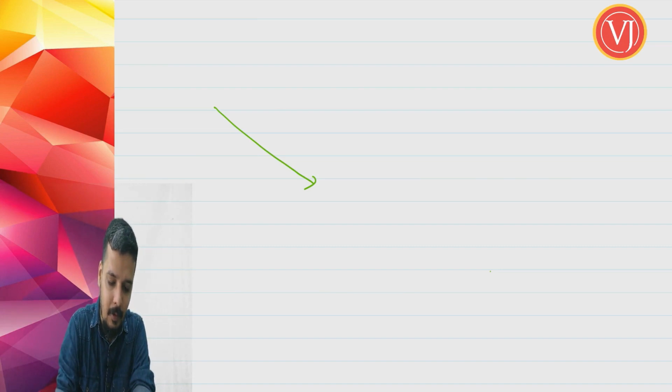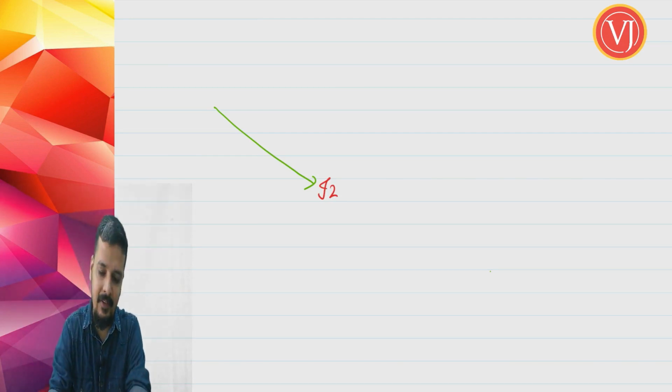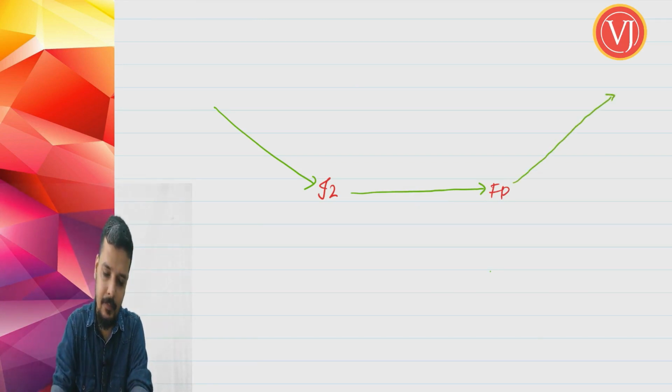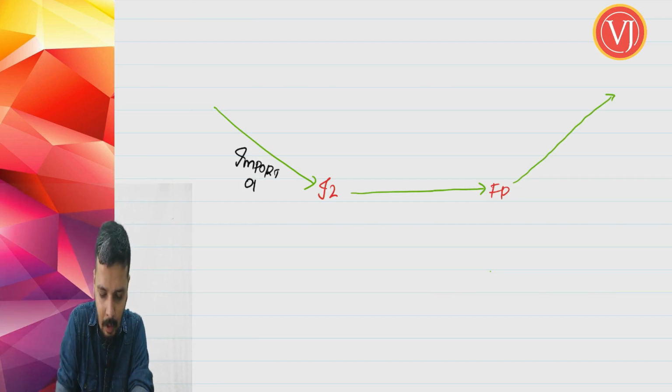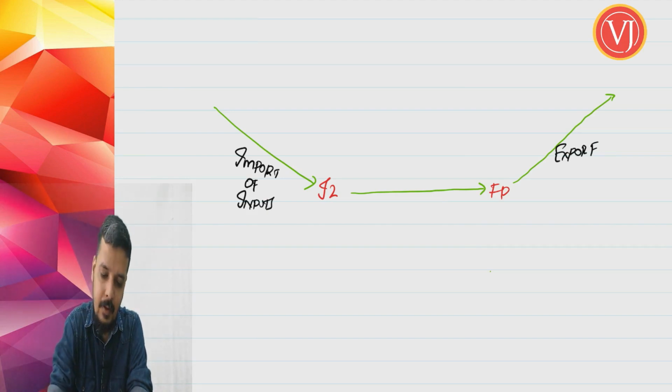You are talking about importing of inputs to, right? I am just maintaining the master example that we have taken, and using it for manufacture of the final product, which is exported. So you have import of inputs, you have export of your final product.